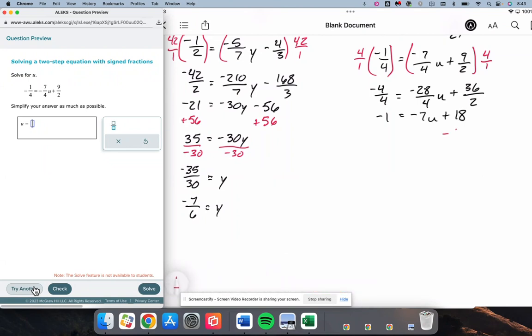So I see we're adding 18. We're going to subtract 18 from both sides. Negative 19 equals negative 7u. Divide by negative 7. And we get 19 over 7 equals u.